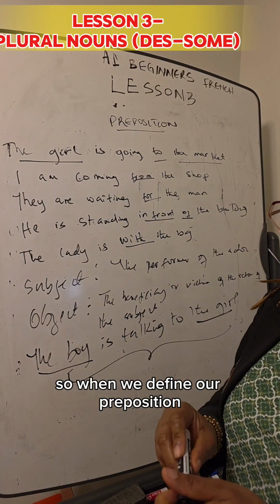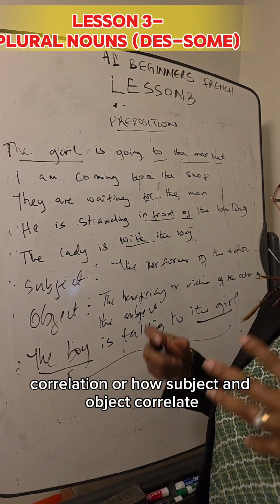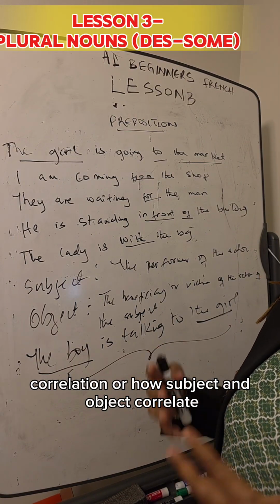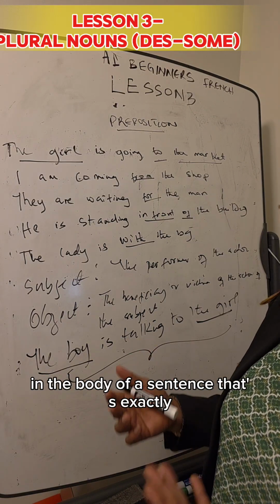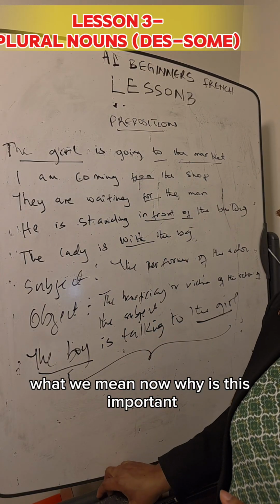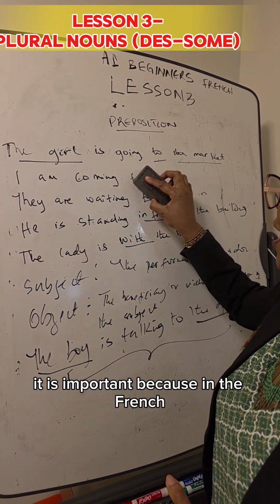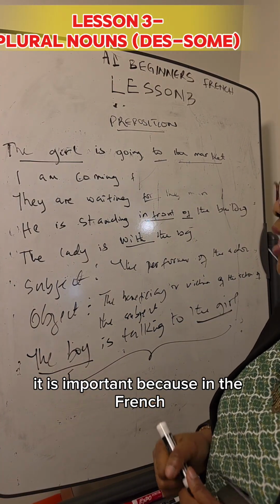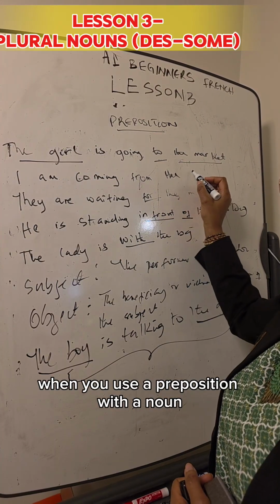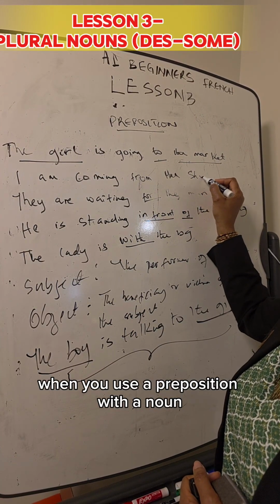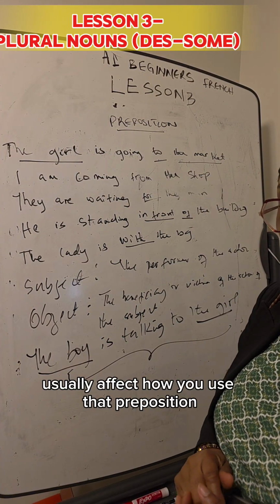So when we define our preposition as the word that shows how subject and object correlate, or the interrelationship that exists between them in the body of a sentence, that's exactly what we mean. Now, why is this important in French? It is important because in French grammar, when you use a preposition with a noun, the gender of the noun usually affects how you use that preposition.